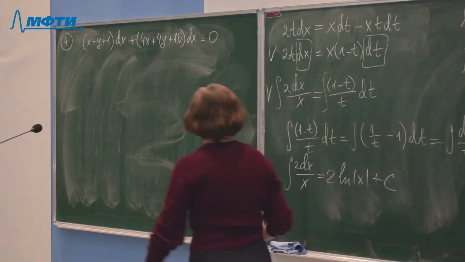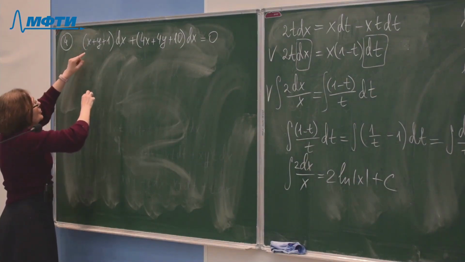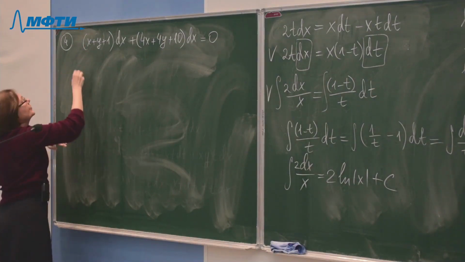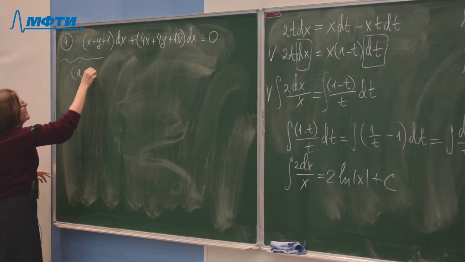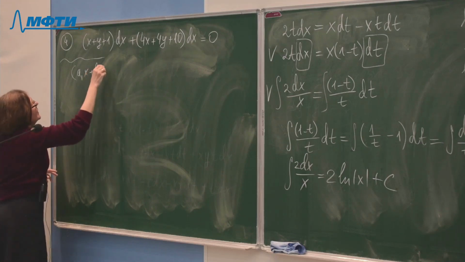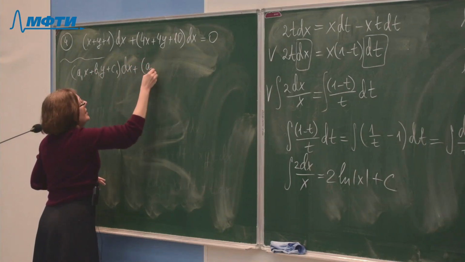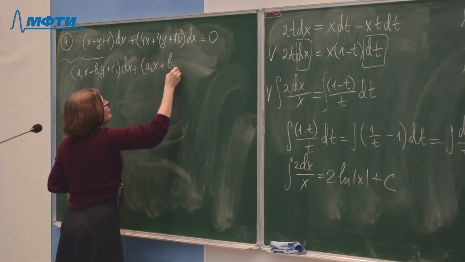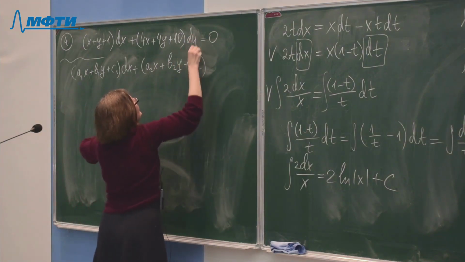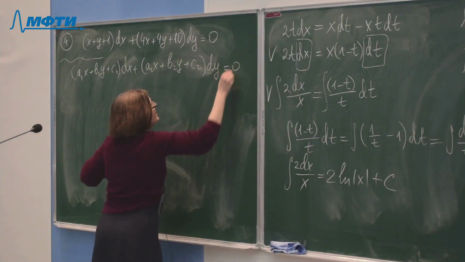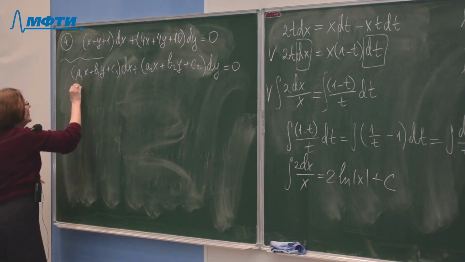So the first method: if we have something like (a1x + b1y + c1)dx + (a2x + b2y + c2)dy = 0, you should look at these linear combinations of x and y.